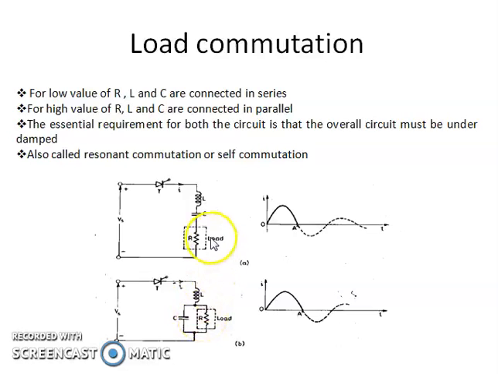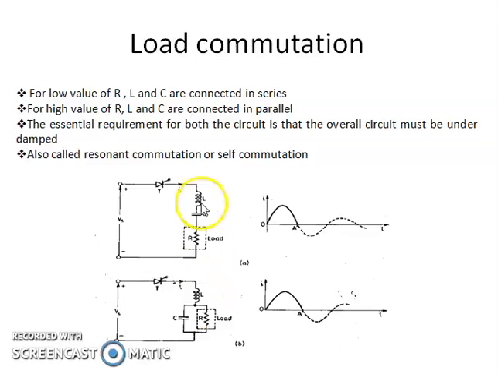These are the two types of circuit combinations. Either we can connect L and C in series with the resistive load, or we can connect C in parallel with the resistive load and L in series with the resistive load.